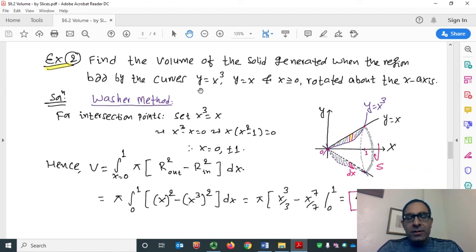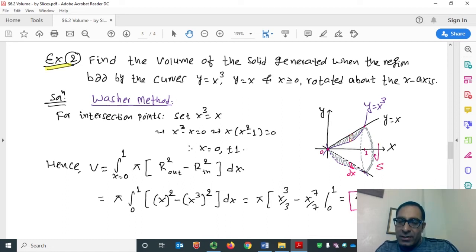Let's try to sketch the region here. y equals x cubed is this curve. y equals x is this diagonal line. x is positive, meaning I'm in the first quadrant. So we are rotating this region bounded between these two curves around the x-axis.